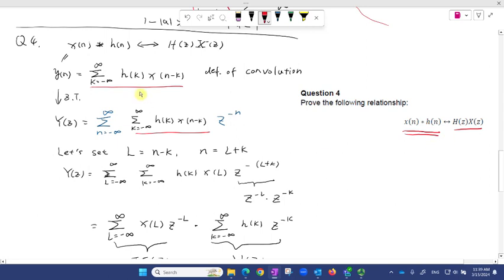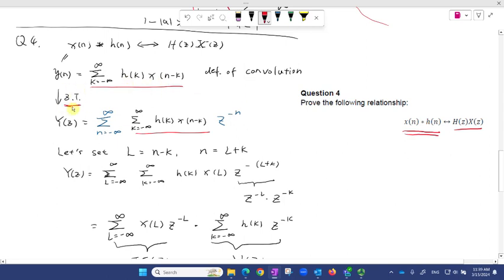So the left hand side is x[n] convolved with h[n], and this is the convolution definition. You flip and shift, multiply, and add all those products together.